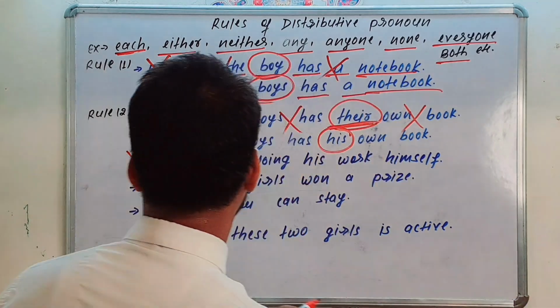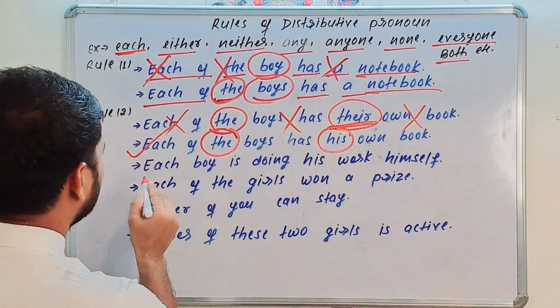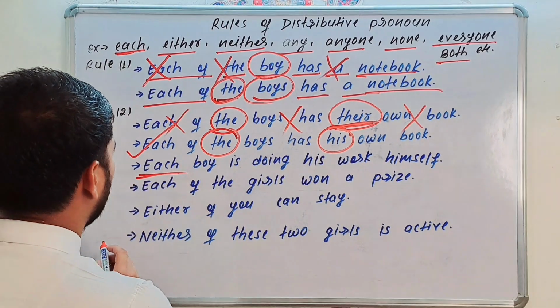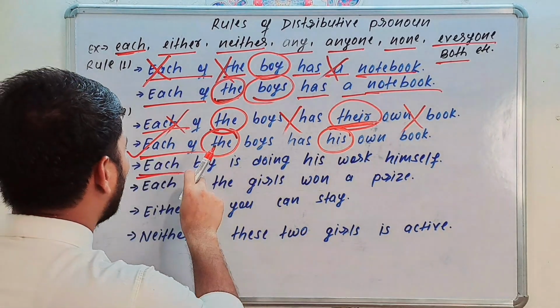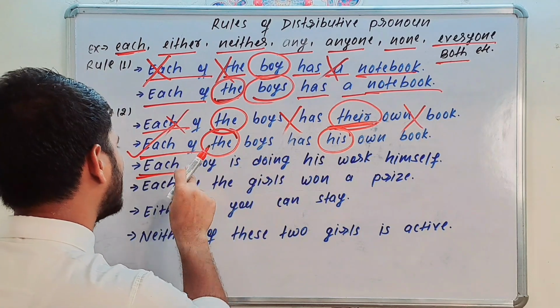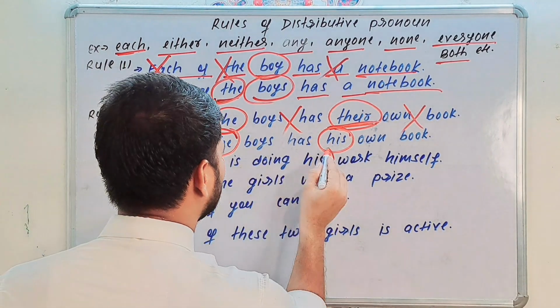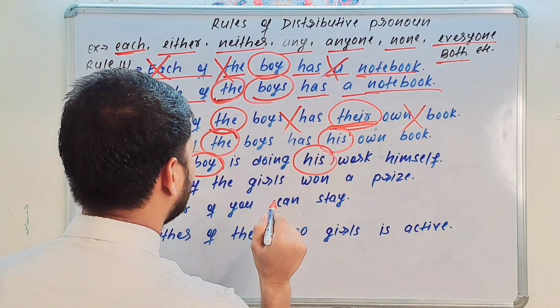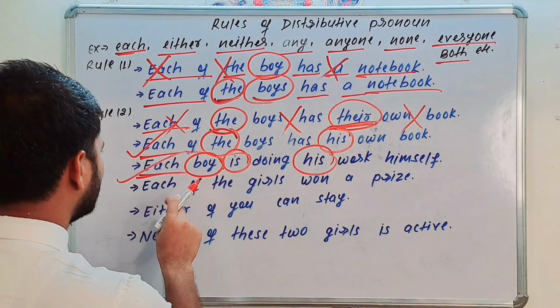And you can see here each boy is doing his work himself. This is your distributive pronoun. With each, either, and neither, only a singular noun, singular pronoun, and singular verb are used. So that's why this is the right sentence.